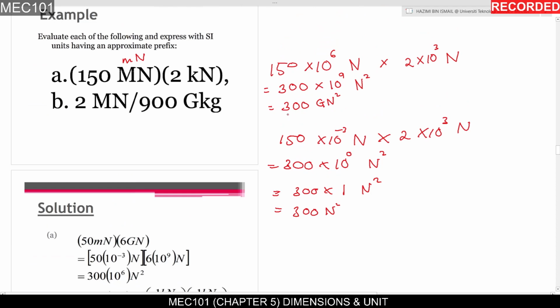Make sure you try this. If you have difficulty solving this problem, the units, this simpler form of mathematical operations, please let me know.